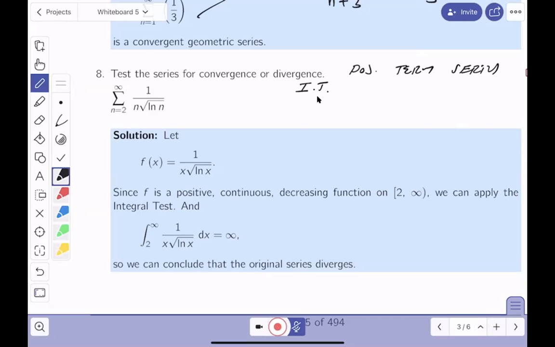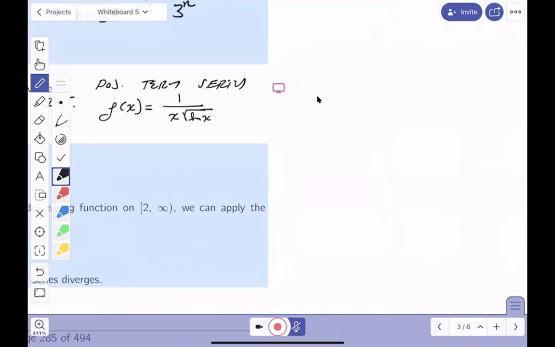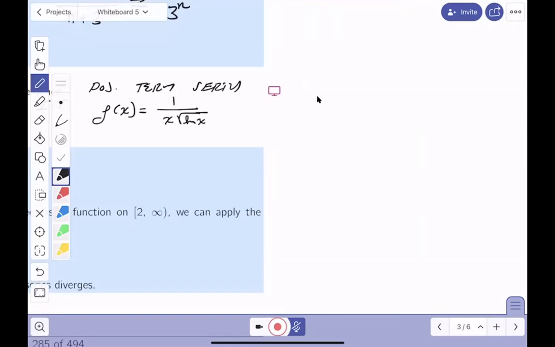So I got to find a continuous function, f of x, that's continuous, positive, and decreasing. Let's take a look and do that. It's going to take a little work on my end. I'm going to write this over here.